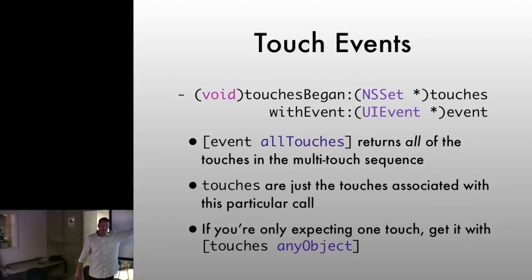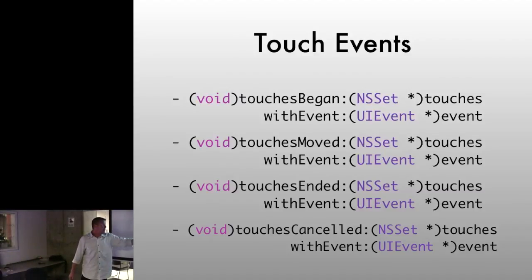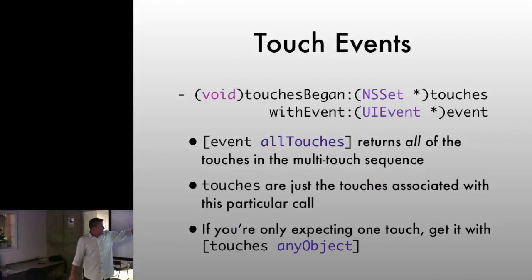The touches that's passed in here are the touches that are associated with just that one event. So if you get down to touches ended, the touches that comes in here will be where the fingers have come off the screen, for instance. But you can still say, all right, I want to know all of the touches since this chain of events began, from where the fingers went down to where they moved to where they came back up. So it's a way that you can distinguish between the two.